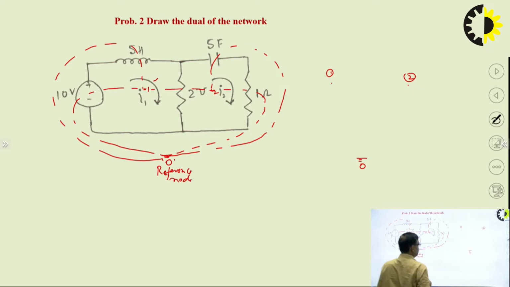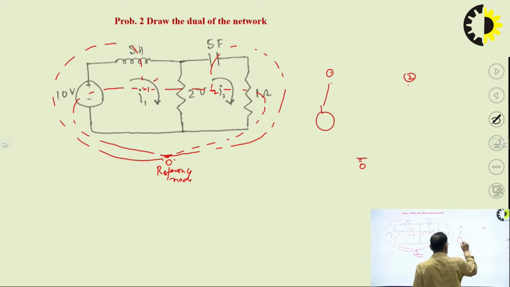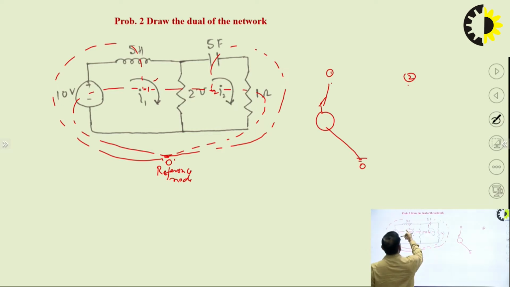One voltage source. So, in the dual network, the dual of the voltage source is the current source. We can see here the orientation of this mesh current is clockwise, and it is supporting the polarity of the voltage source.